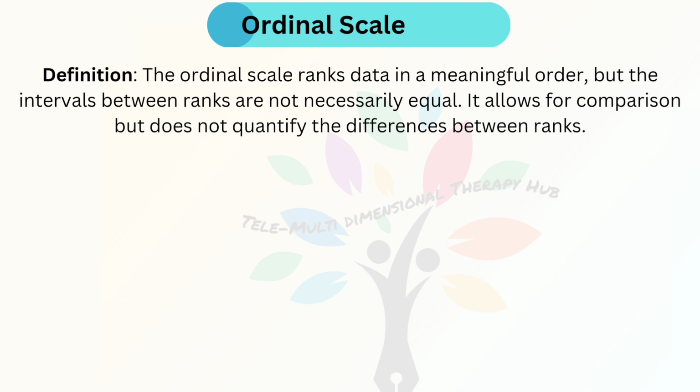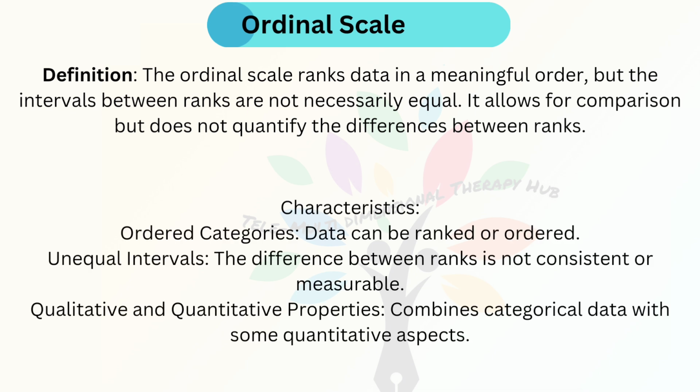So the characteristics are, first, ordered categories. That means data can be ranked or ordered. For example, survey responses like excellent, good, fair, poor. Next point is unequal intervals. That means the difference between ranks is not consistent or measurable.